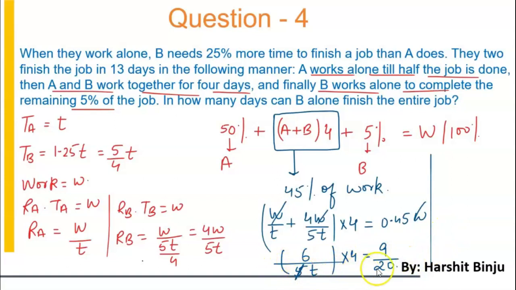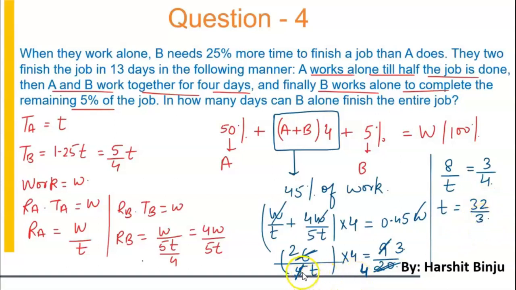Yes, I can cancel this 5, and this 20 will become 4, and this will become 2, and this will become 3. So you will have 8 by T, and that should be equal to 3 by 4, or we can say T will be equal to 32 by 3.